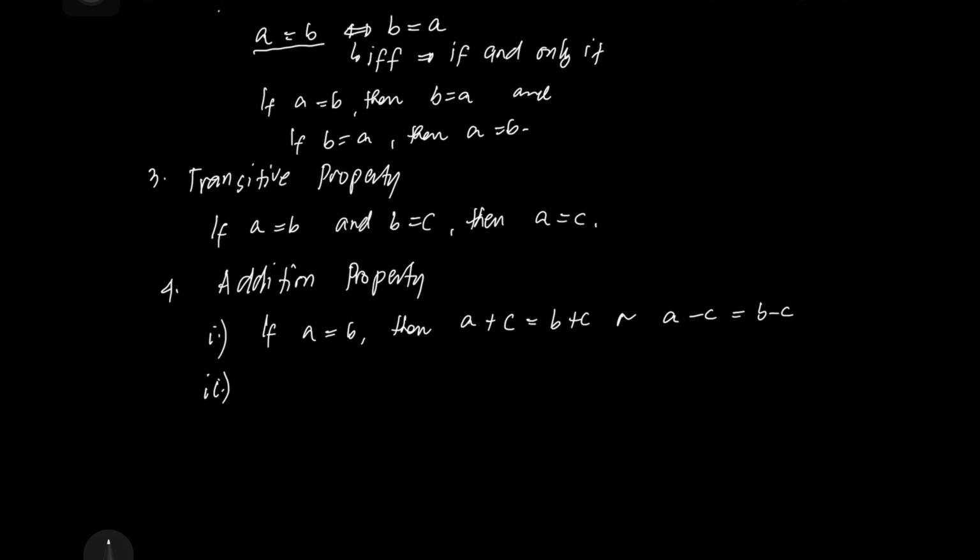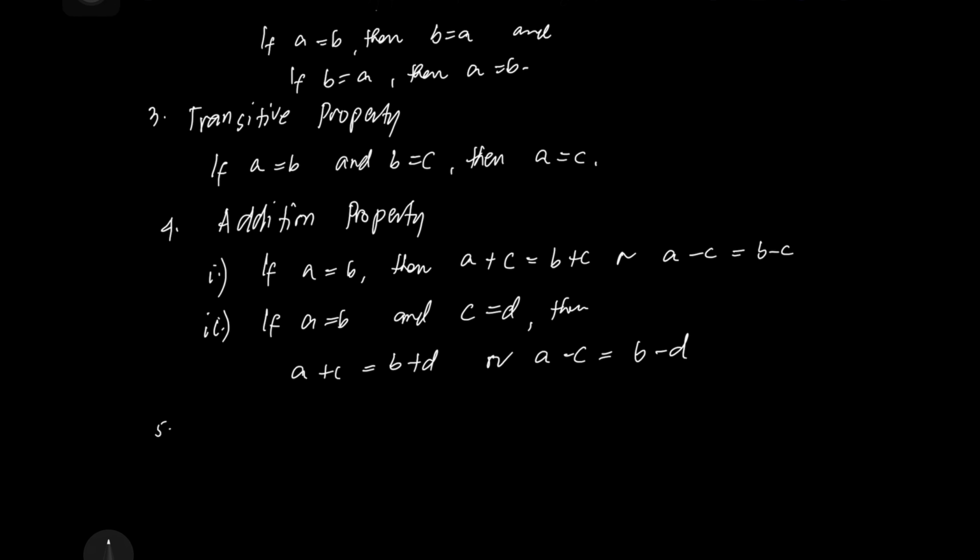Also, if A is equal to B and C is equal to D, then A plus C is equal to B plus D, or A minus C is equal to B minus D. Almost the same case as the first one. However, we have an emphasis here that there is another number, D, equivalent to C.